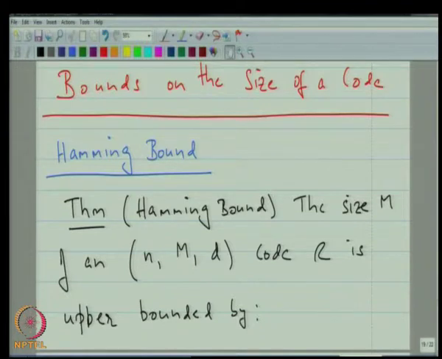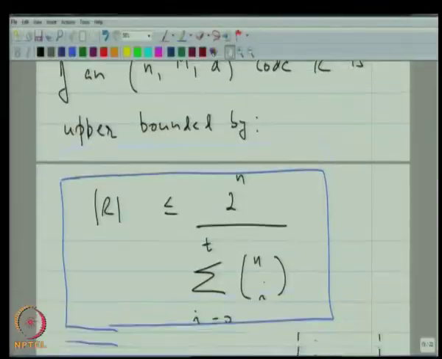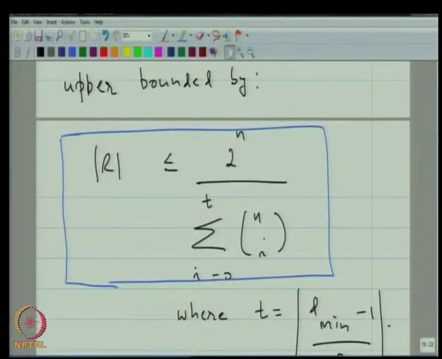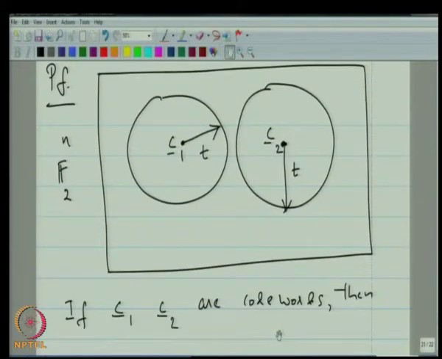And towards the end of the lecture, we started looking at bounds on the size of a code, and we started out with the Hamming bound. We wrote down the expression of the Hamming bound. We didn't actually prove it, and I just about got started proving this. So what I'm going to do is copy this page over here onto our next lecture.